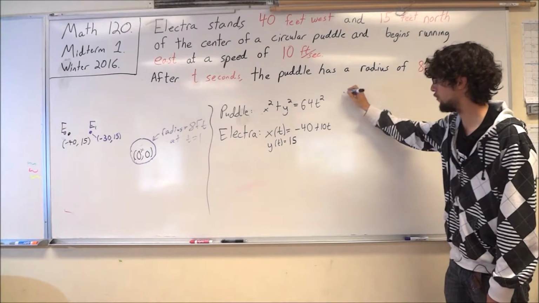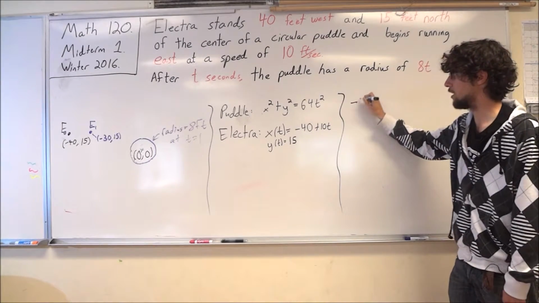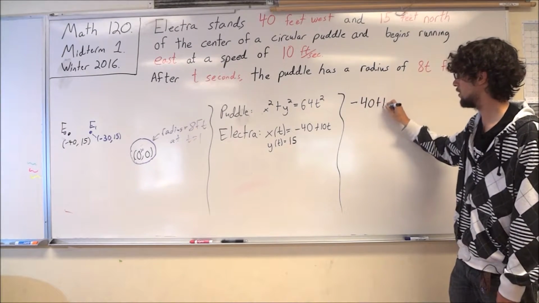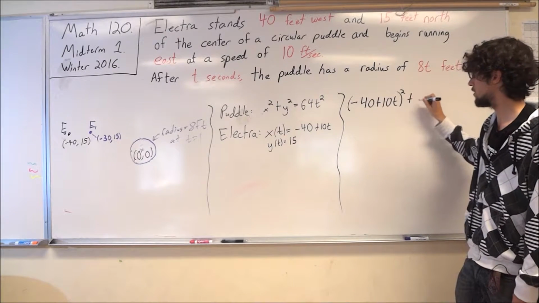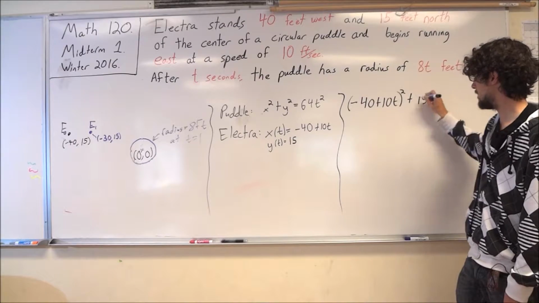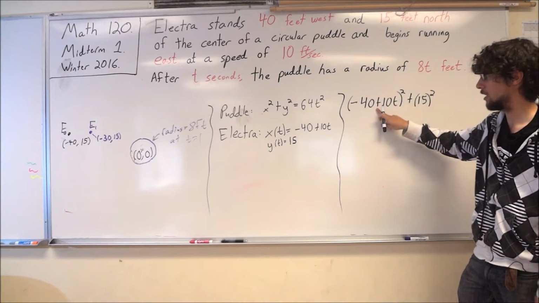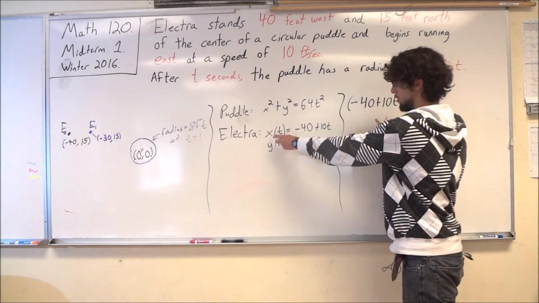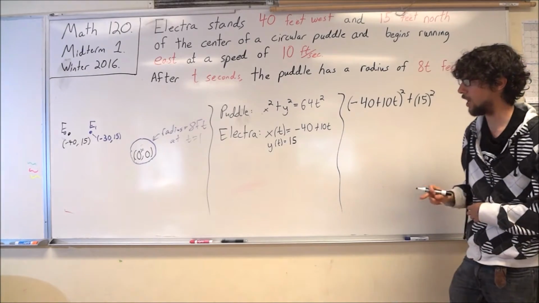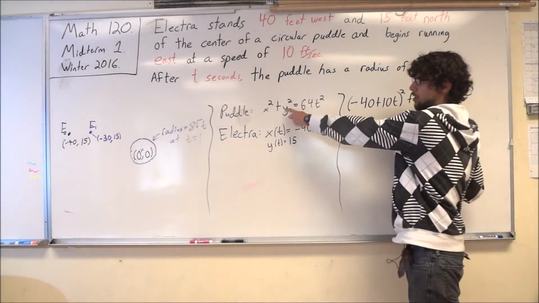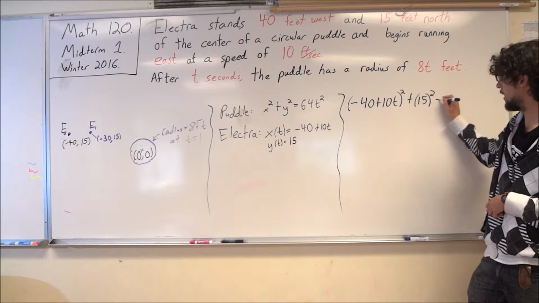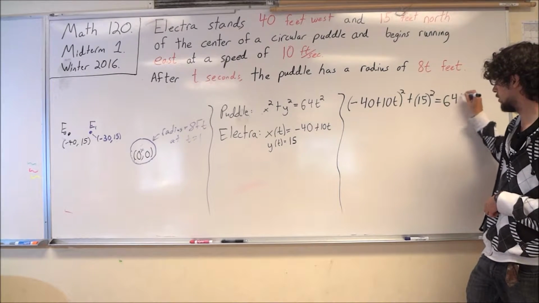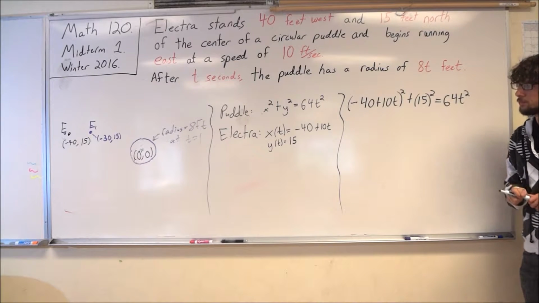So I now have, if I substitute in, (-40 + 10t) squared plus 15 squared. This x squared I replaced with the expression for x, and this y squared I've replaced with Electra's y position. And I have that this equals 64t squared.